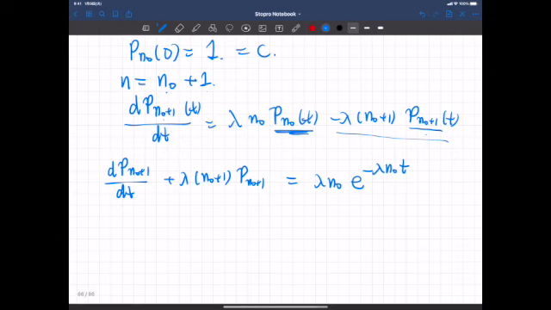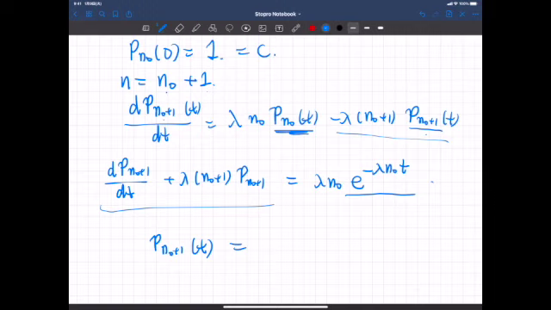We've seen a similar equation when we were studying the Poisson process, and I hope you review the previous lecture for how to solve it. For example, multiply both sides by the inverse of this, use the product rule for differentiation, and then integrate both sides, and we should have this.